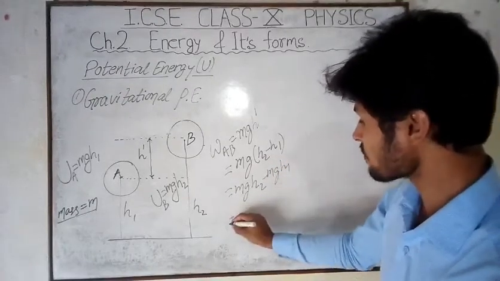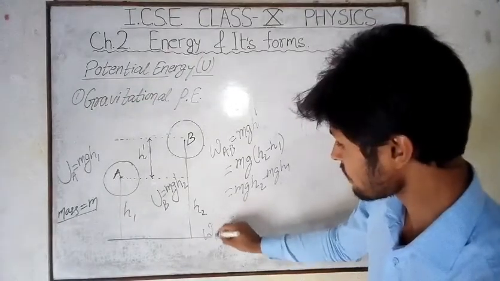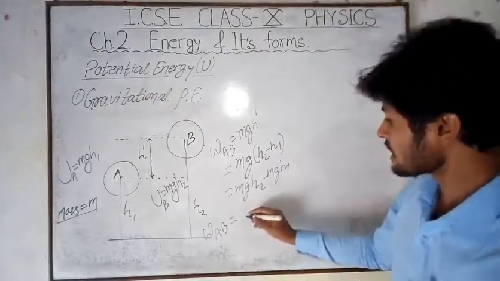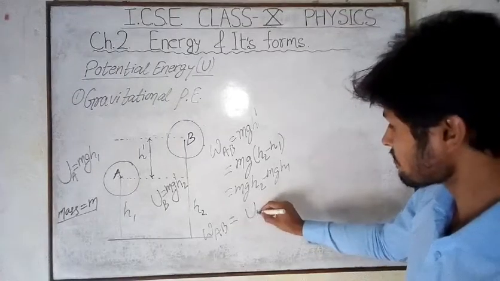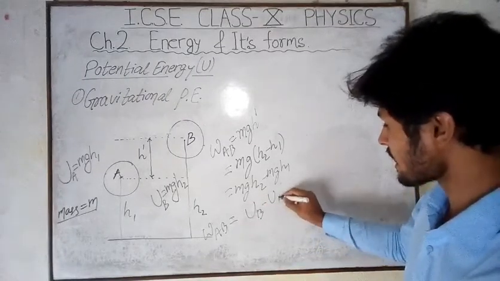So what did you find here? The work done from A to B is equal to UB minus UA.